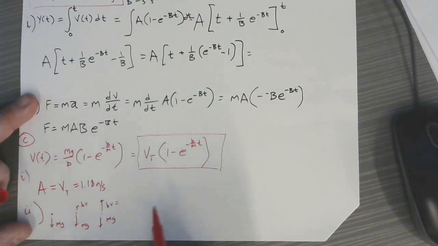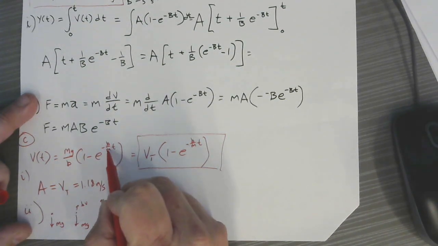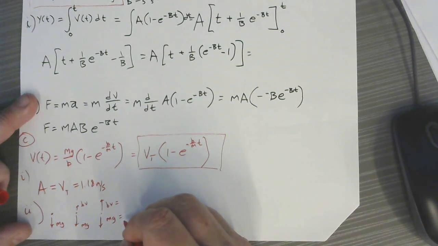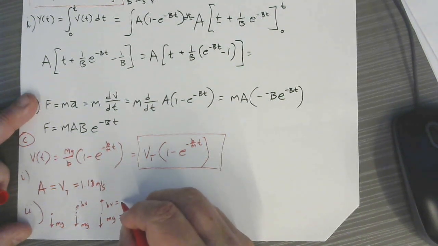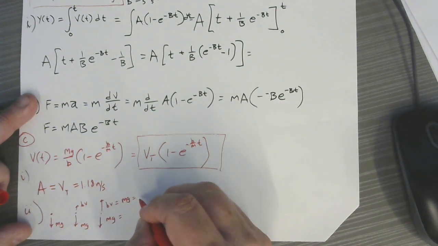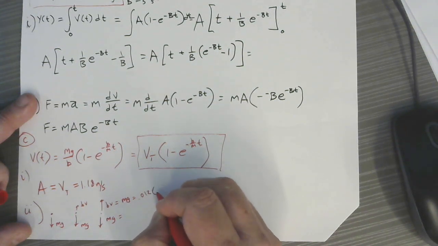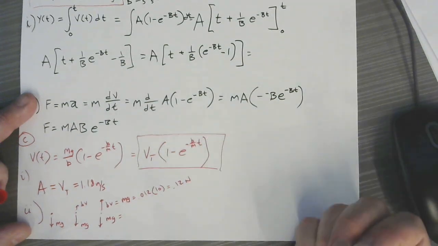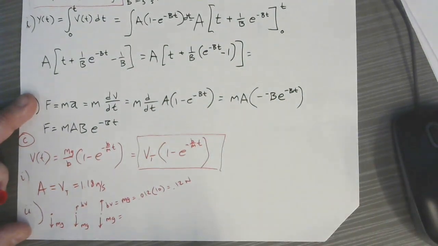And so this resistive force is hard to compute because we don't know exactly what lowercase b is. Obviously, lowercase b is somewhat related to uppercase B, but this is easy enough to do. This is just going to be equal to mg, which is equal to 0.012 times g. I'm going to use 10 for g, so 0.12 newtons. That's the simple and easy answer.